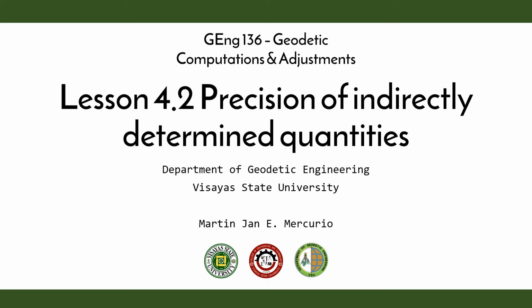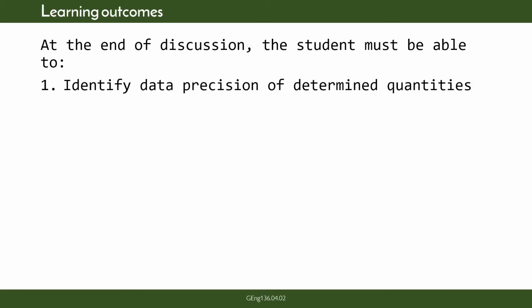Okay, good day. So we will discuss lesson 4.2, the precision of indirectly determined quantities. As expected, at the end of the discussion, the student must be able to, first, identify data precision of determined quantities, and second, solve the errors from the covariance matrix.